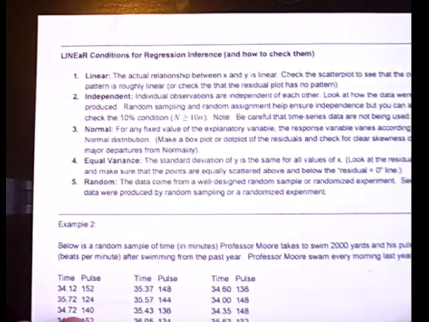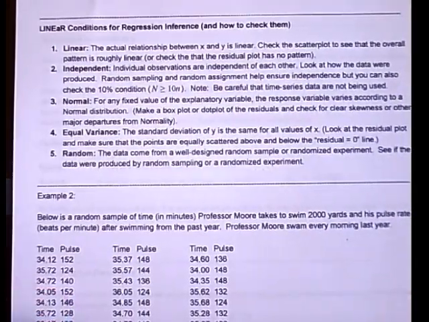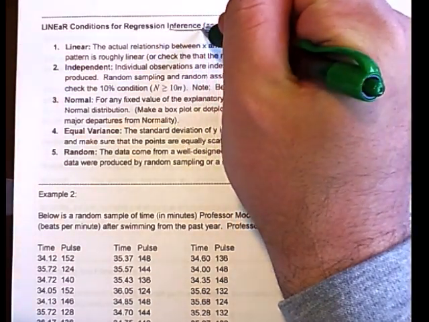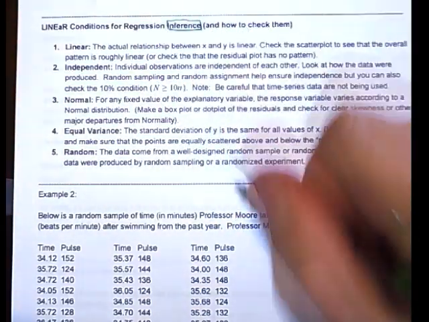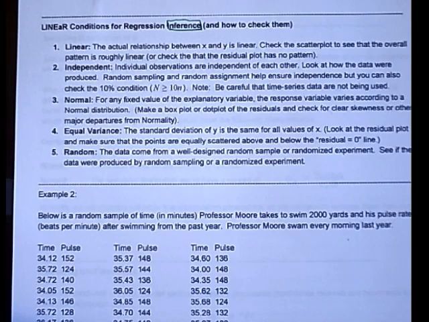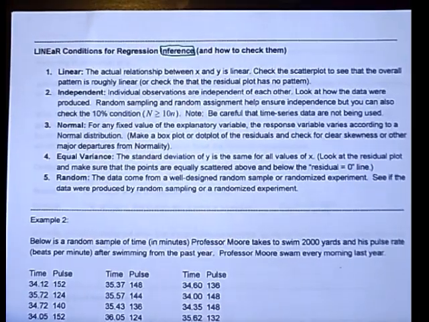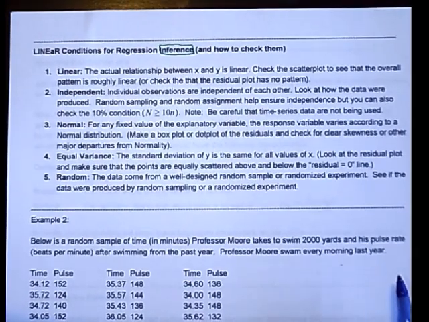Now, what we're going to do now is we're going to start to talk about doing inference on linear regression. Okay. So the conditions for linear regression are a little bit different than the conditions for other types of confidence intervals and hypothesis tests, means and proportions.